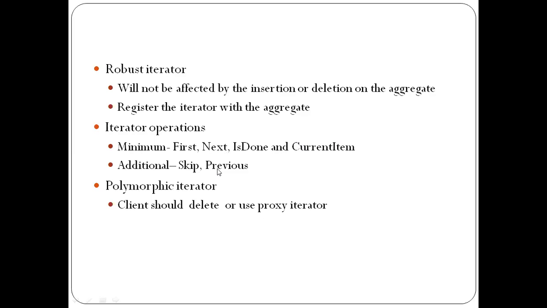And we can have types depending on which additional things we need for the iterator operations. We have polymorphic iterators, so that we can have types of iterators, and the operations will be redefined in the types of iterators, and these iterators can also be destroyed either by the client or using other iterators.